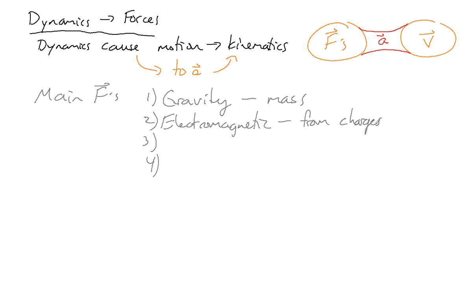For example, when you push something, when you apply a force and push a box, what are you actually doing? What you're actually doing is there's electrostatic repulsion between the electrons in your hand and the electrons in the box.